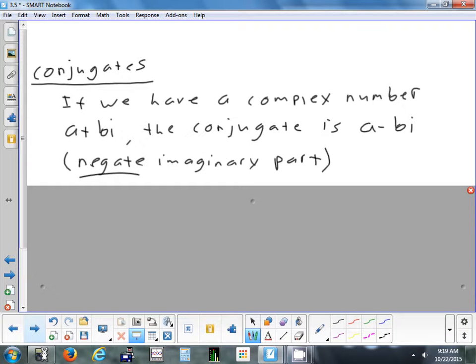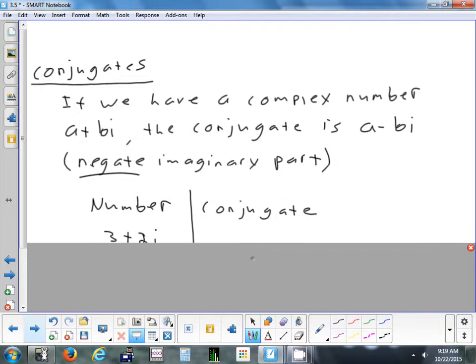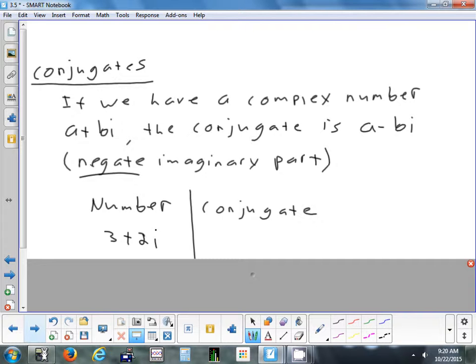The conjugate is basically when you just change the sign of the imaginary part. So if you had a minus bi, the conjugate is a plus bi. So 2 plus 6i, 2 minus 6i. Those are conjugates. Just change the sign of the imaginary part. Leave the real part just the way it is.